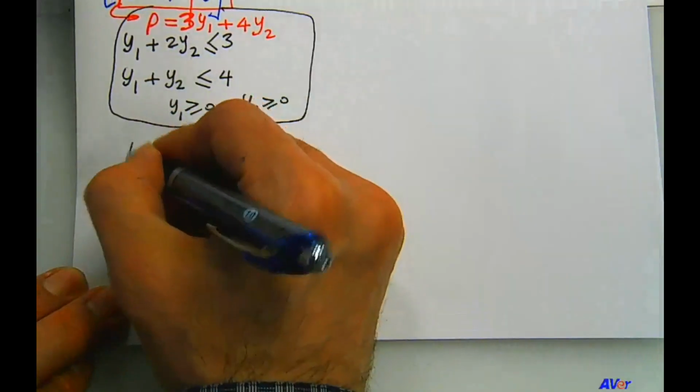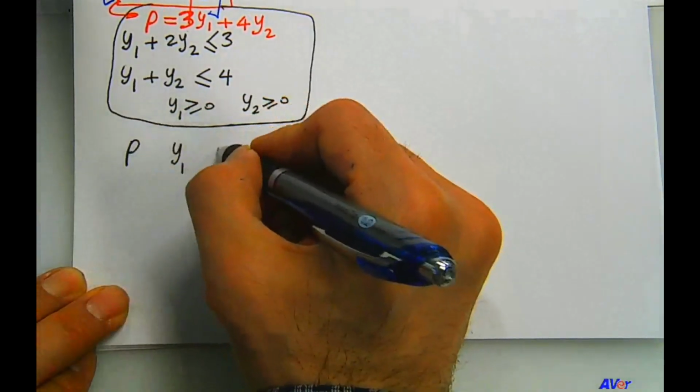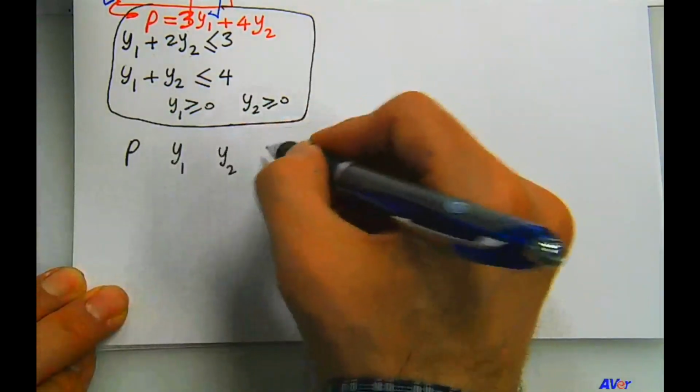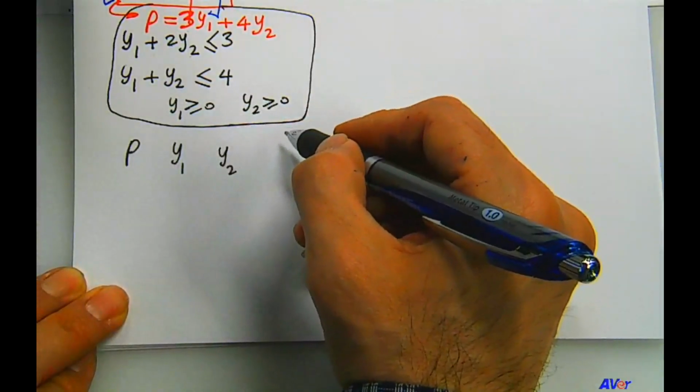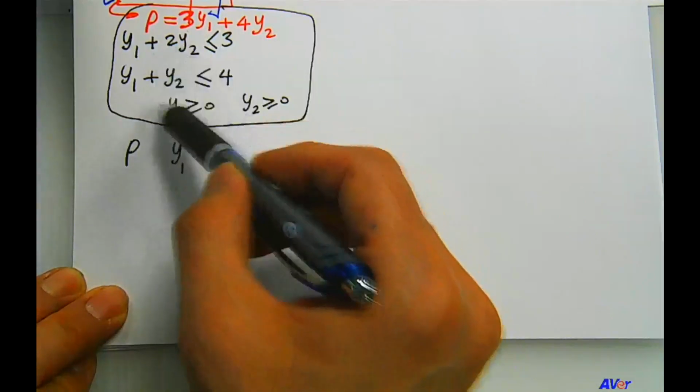Okay. So for the initial simplex tableau, first we start with variable P, then the non-basic variables, which are y1 and y2 in this case, then the slack variables, which are S1 and S2.